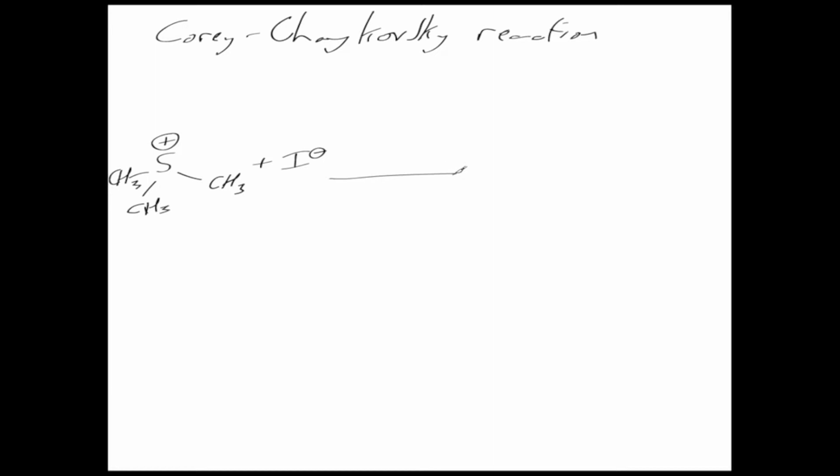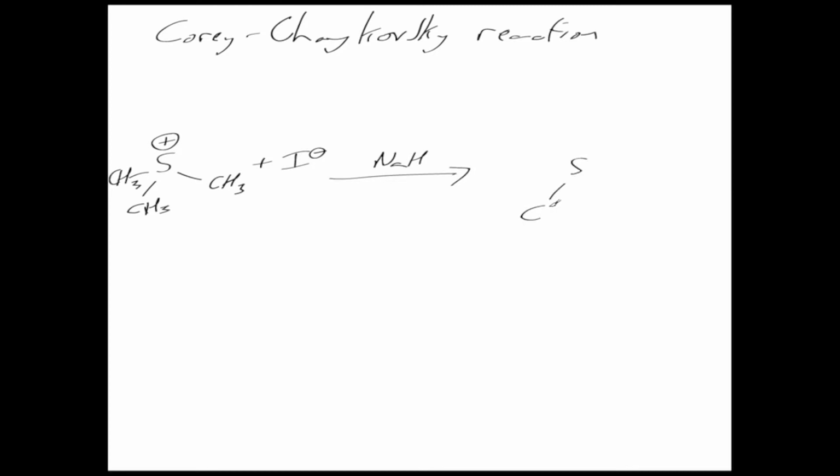You treat this with a base, for example sodium hydride, and it'll deprotonate one of those protons to give you an ylide. Now we've seen the ylide before, we've even seen the sulfonium ylide if you remember the Swern oxidation. If not, I encourage you to have a look at the Swern oxidation reaction. So we find that sulfonium ylides are relatively stable.